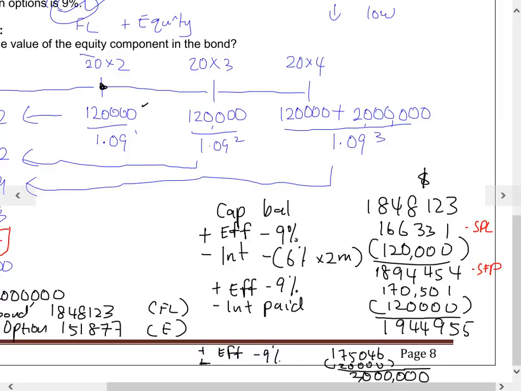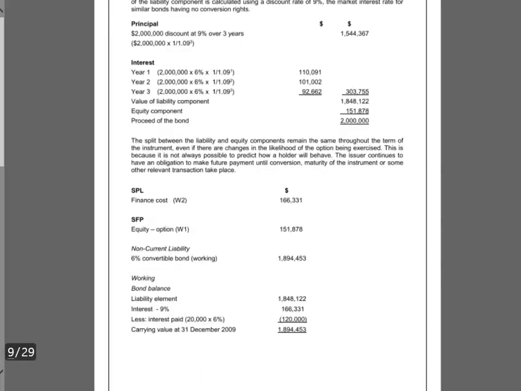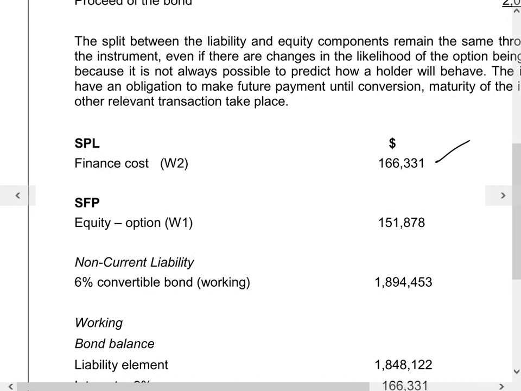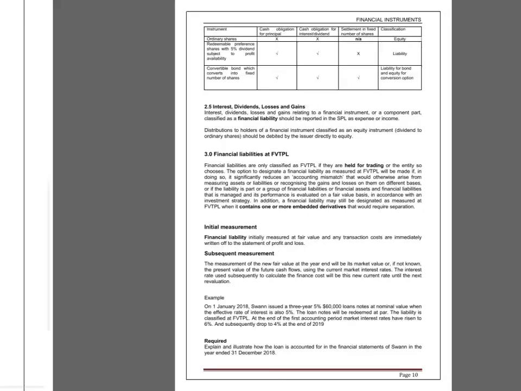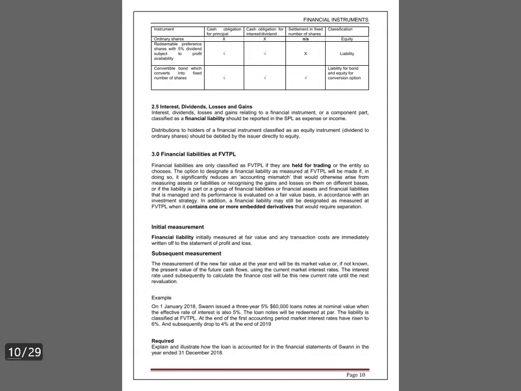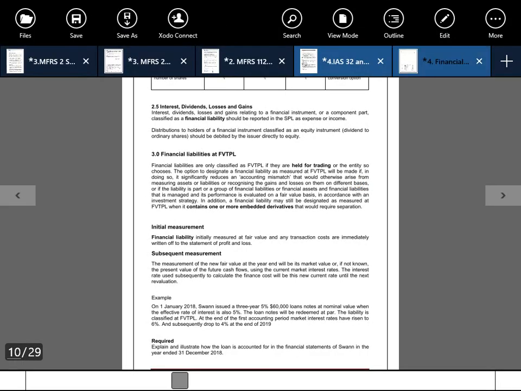So how much is my cash flow for the 3 years? Year 1, year 2, year 3 cash flow, and the present value. How much do I have to pay in the first year?